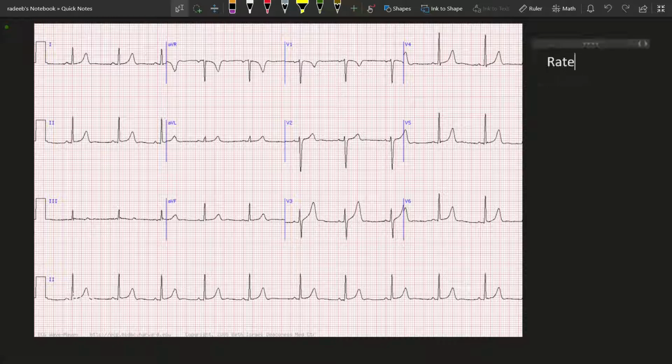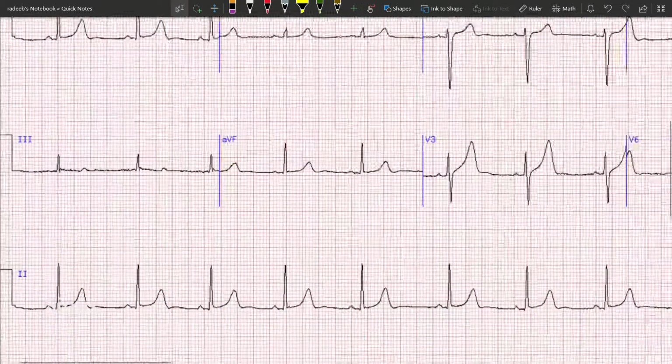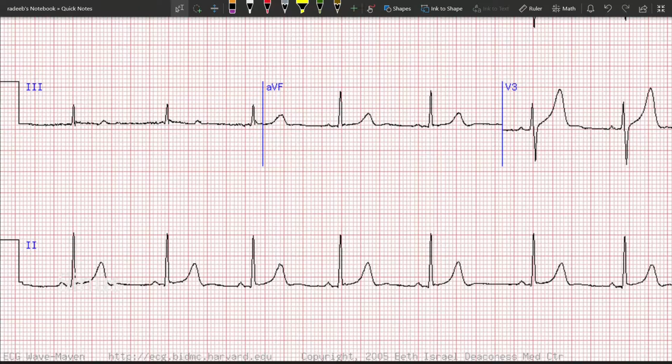The first step is to look for the rate. There are different ways you can look for the rate here. Usually what I do is count between one R and the next R. When you go from large box to large box, it gives the beats per minute as indicated.